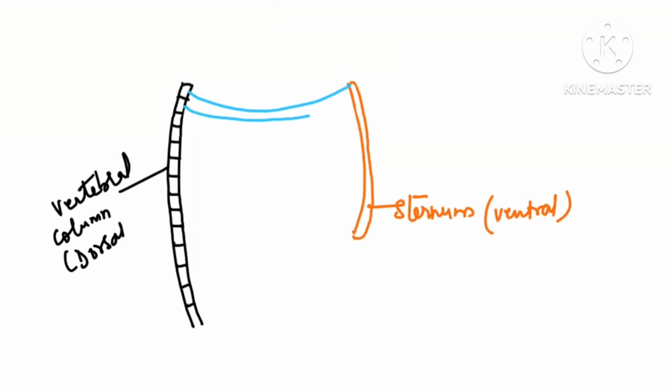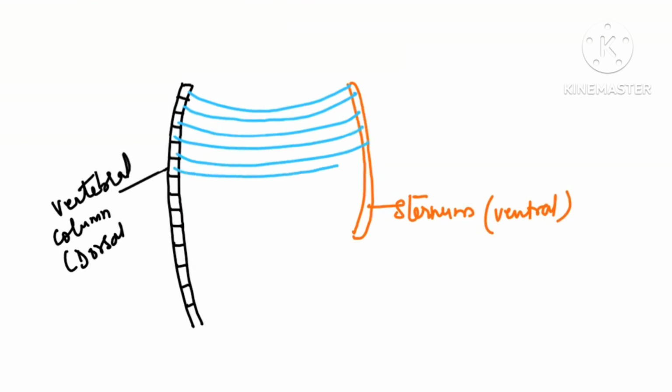And you know, 7 pairs are true ribs. These are the 7 pairs of ribs which are true. They are on the lateral side.